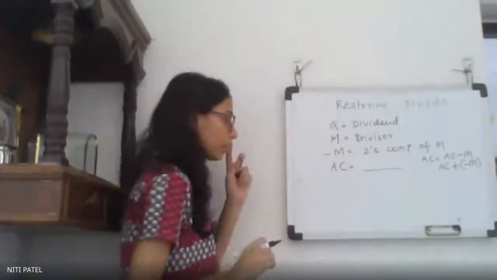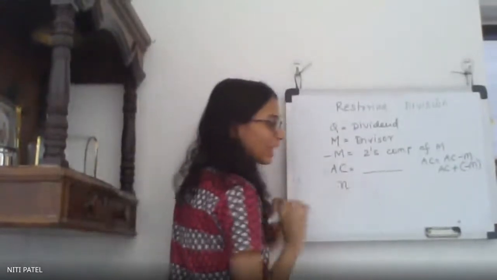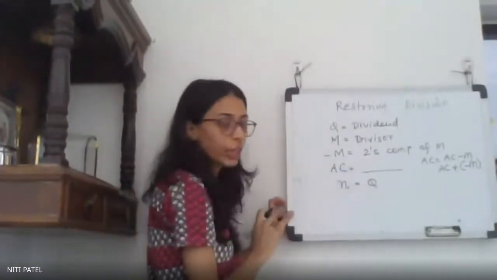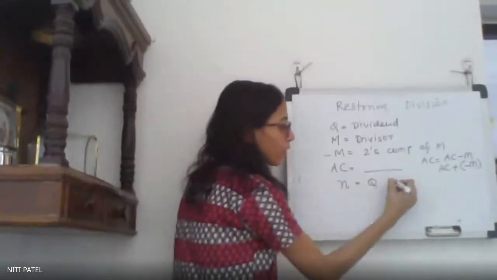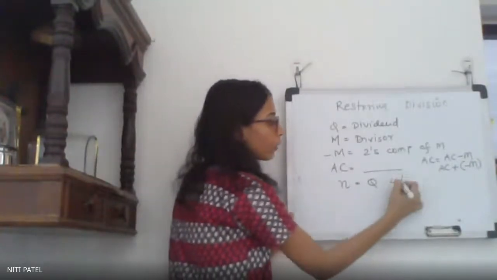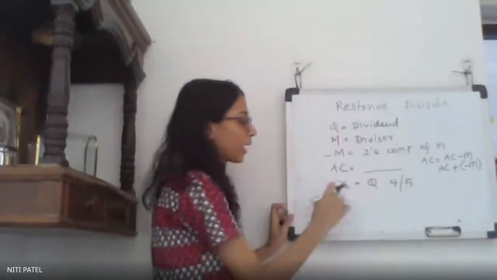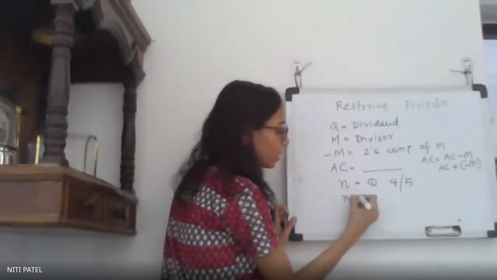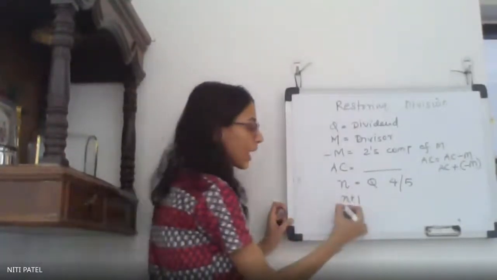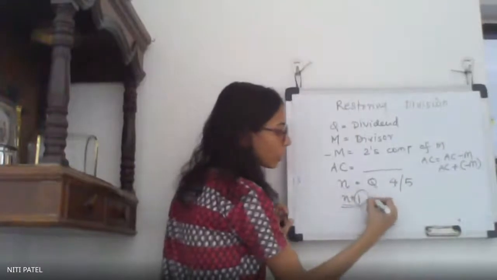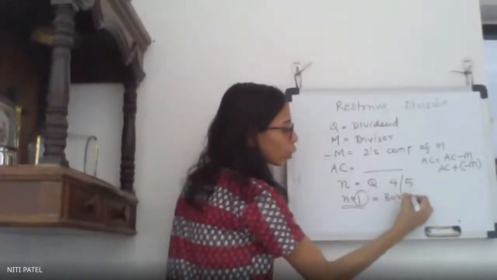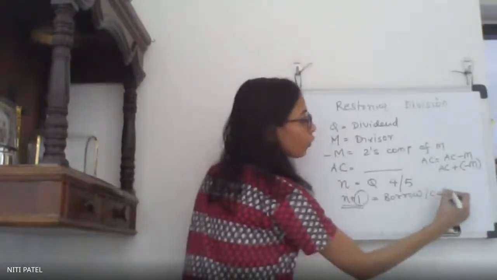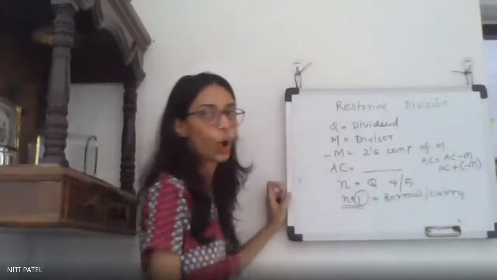We will see that. Now we also know that n is equal to the number of bits in Q, our dividend. So if the number of bits is 4, my n will be 4. If the number of bits in Q is 5, my n will be 5. I generally make use of n plus 1 over here. Now what is this n plus 1? This 1 is generally required to keep the count of borrow or carry whenever I perform the operation.